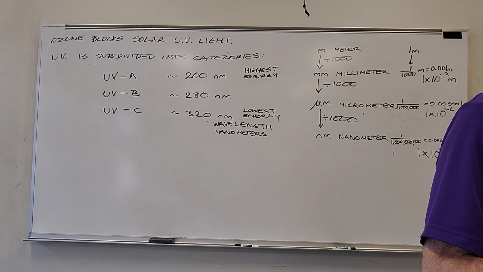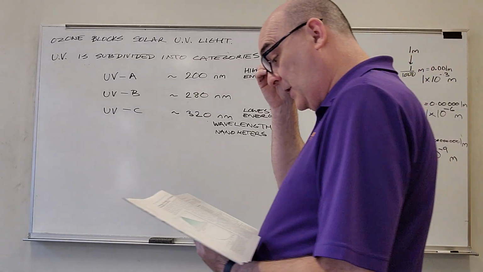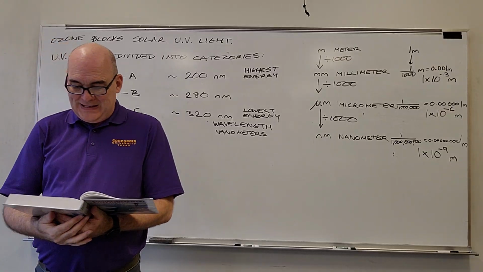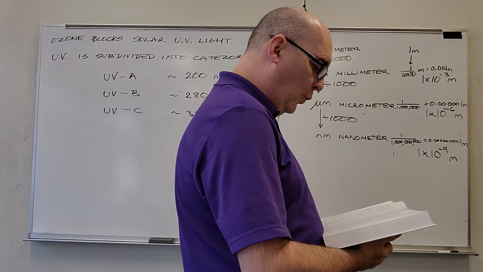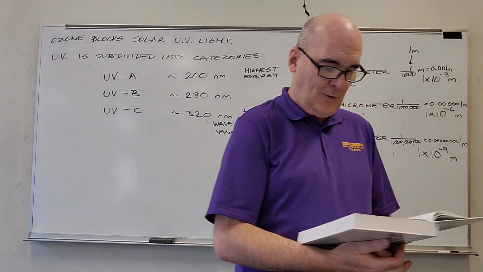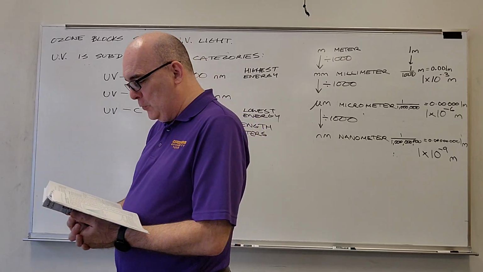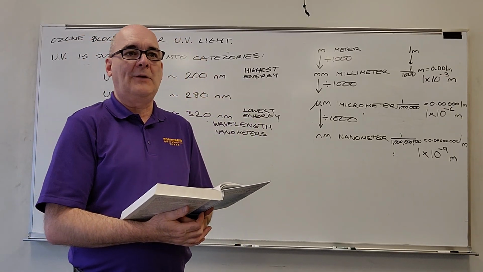The relative biological sensitivity per photon. Okay. A reduction in stratospheric ozone allows more UVB light to penetrate the Earth's surface. A 1% decrease in overall ozone results in a 2% increase in UVB at ground level.